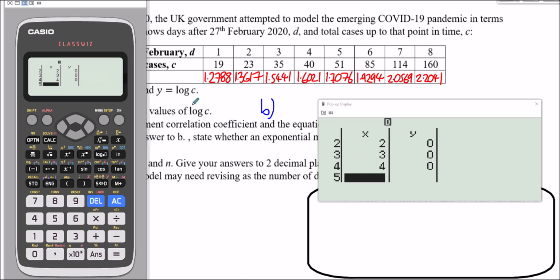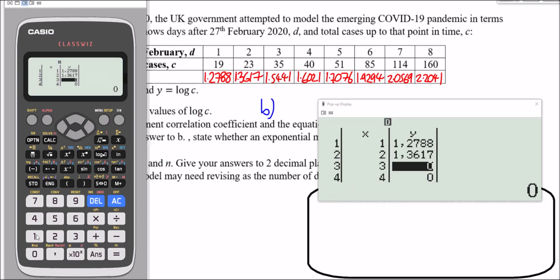We're not typing in c, we're going to do log c. So 1, 2, 3, 4, 5, 6, 7, and 8. Press equals, then toggle right and up and fill in the corresponding values. For the first day after the 27th, the 28th of February, log of the case numbers was 1.2788. Next one, 1.3617.